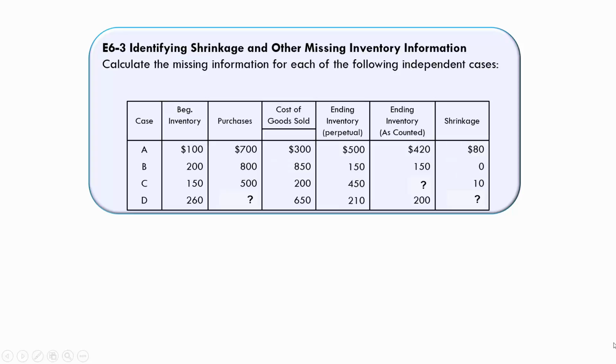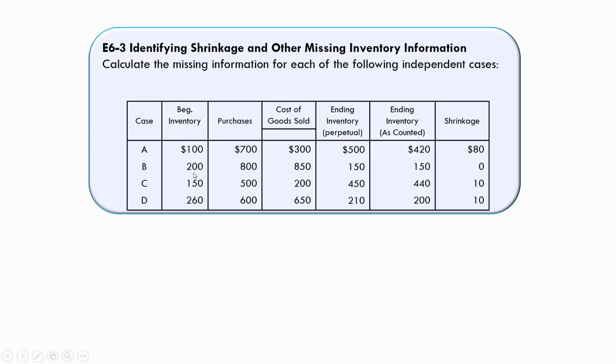So let's go through and fill these in, and I'll discuss them. This 10 is fairly easy to get at because we just talked about it. We expected it under perpetual to be 210. It was 200. We lost the 10. Going across, beginning plus purchases is goods available. Goods available is also this plus this, right? And that's true: 100 and 700 is 800, 300 and 500 is 800.